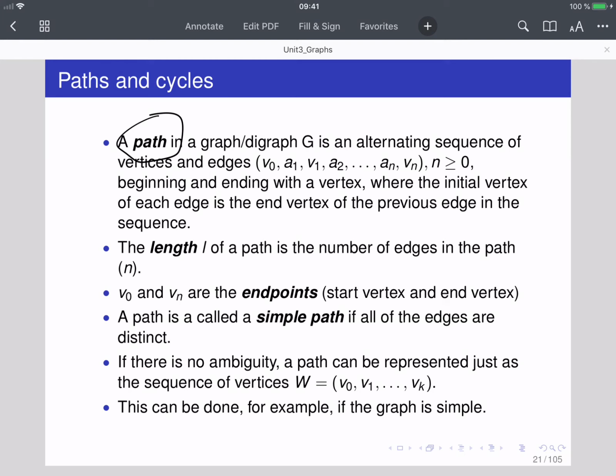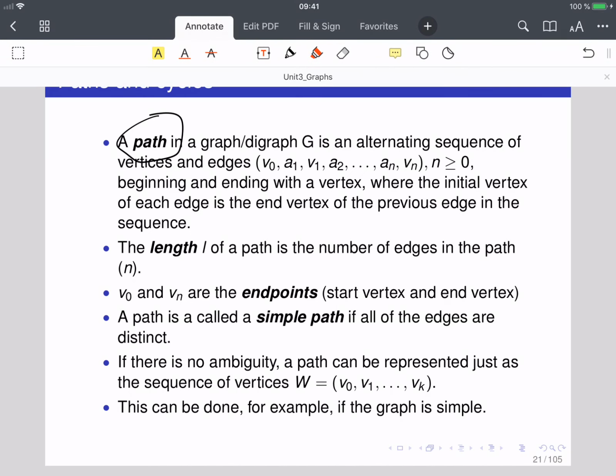A path is a sequence of vertices and edges, so that the beginning and ending of an edge is exactly the vertex that is before and after that edge in the sequence. So for instance, here we have vertex B0, then arc or edge A1, and vertex B1.